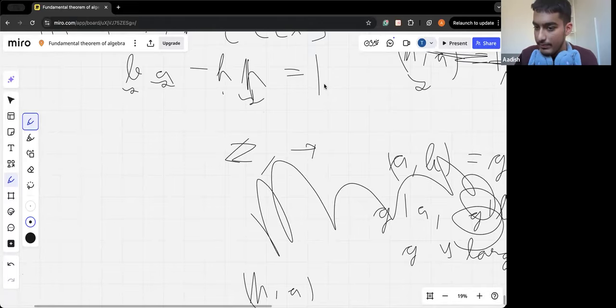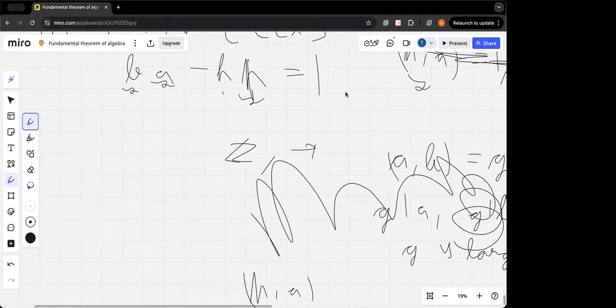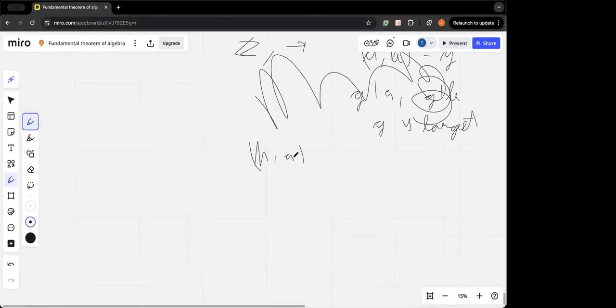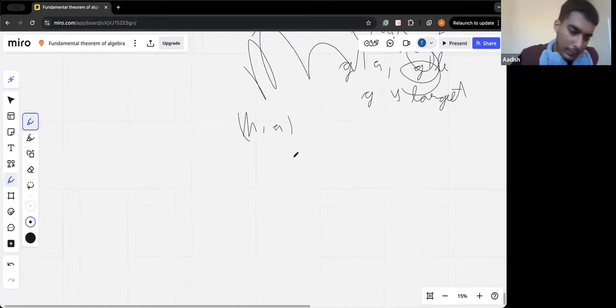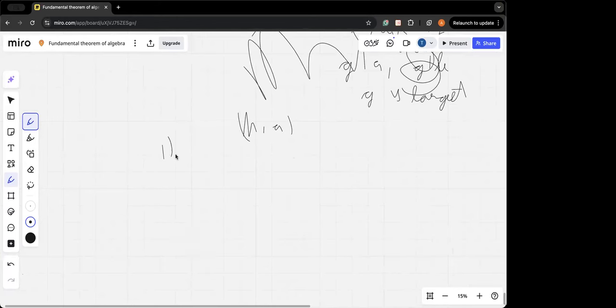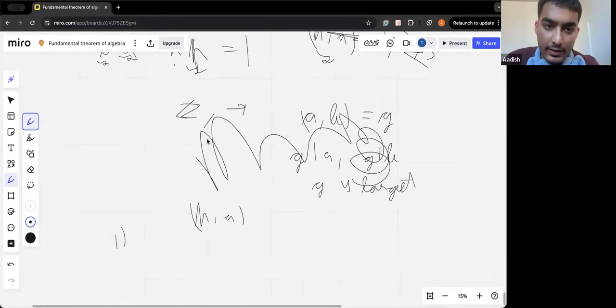What proofs of Bezout's lemma do you know? There are two, and both of them work here. The GCD algorithm backtrack will work here.